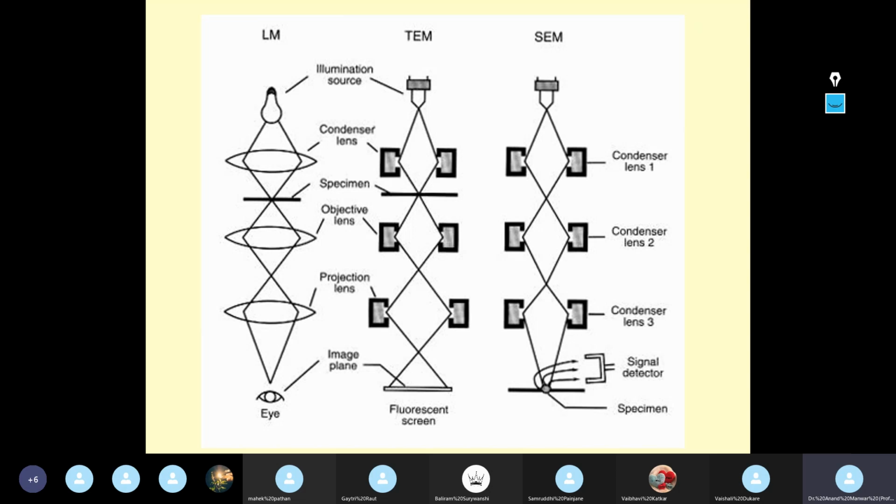If there are any questions regarding microscopy, maybe light microscope or electron microscope, you can ask or post these questions in the chat box. We will discuss them. Are there any questions regarding this? No, sir.